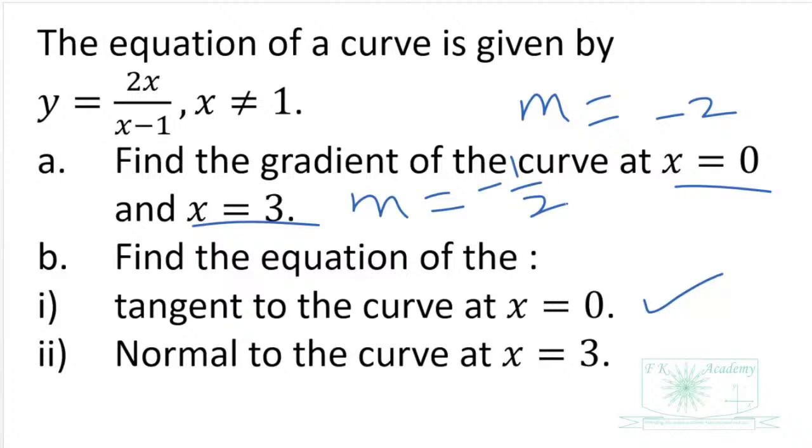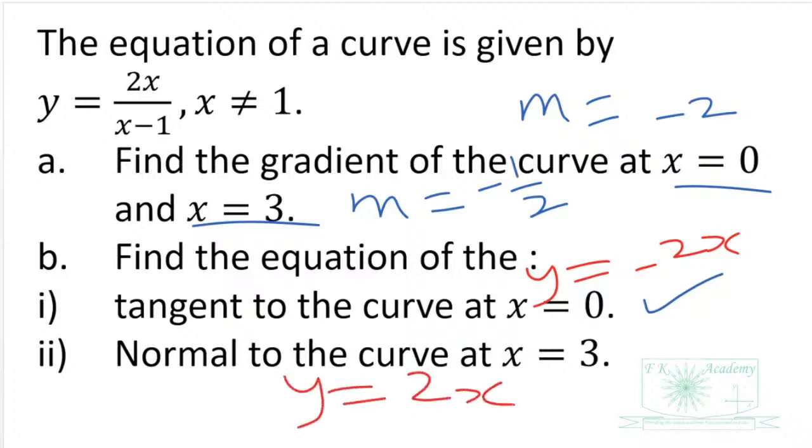Then the equation of the tangent at x equals 0, we found that to be equal to y equal negative 2x. Then at x equal 3, the equation of the normal was y equal 2x minus 3.